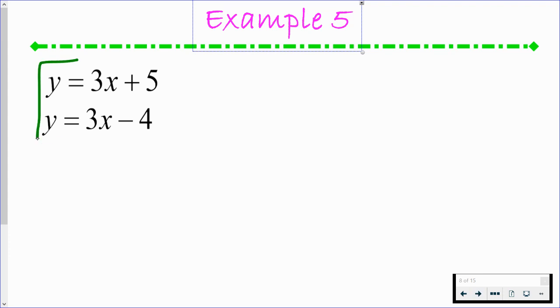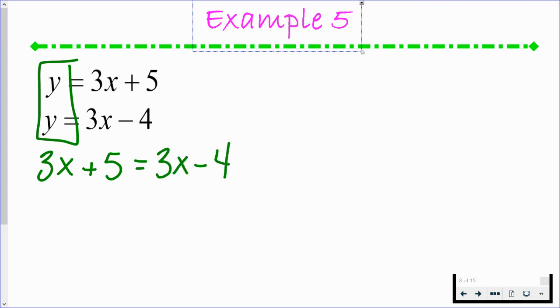If they're both y equals, we set them equal. So here I go. 3x plus 5 equals 3x minus 4. All right. Variables on both sides. So I'm going to have to move one of the variables to the other side.